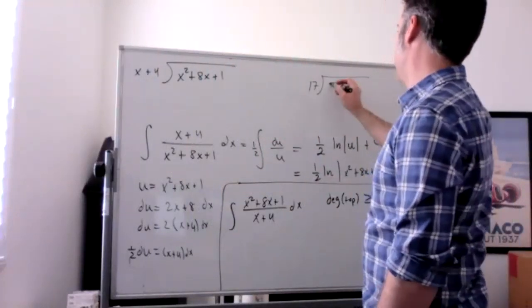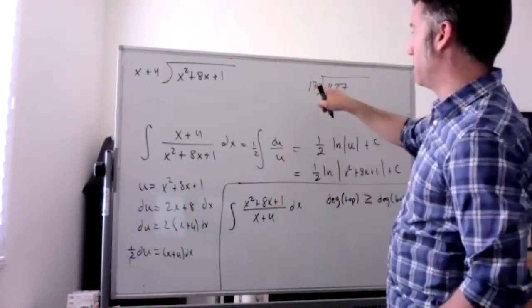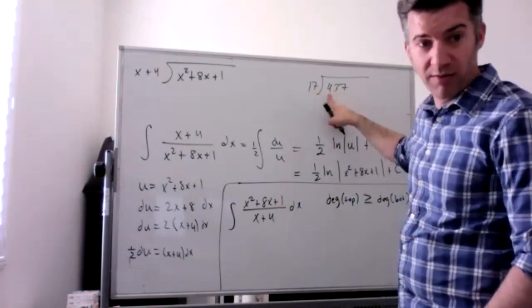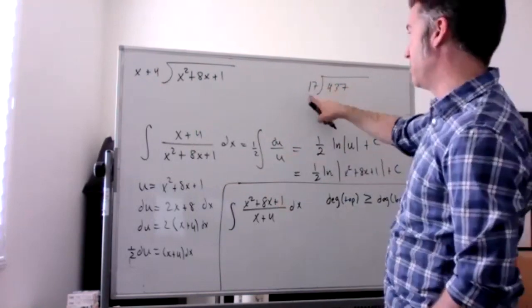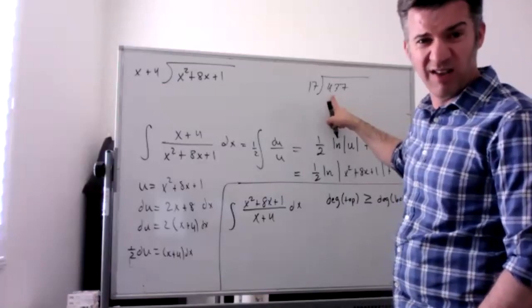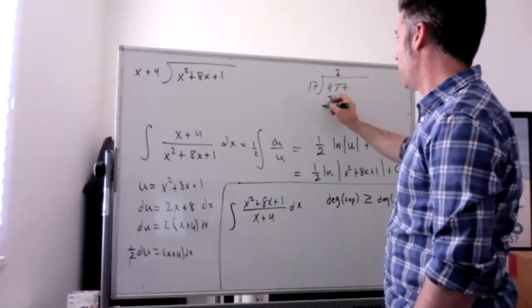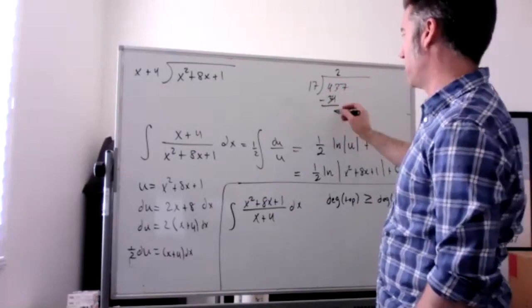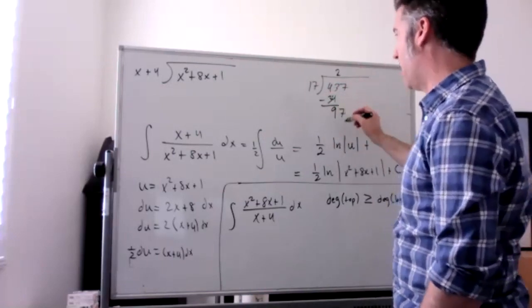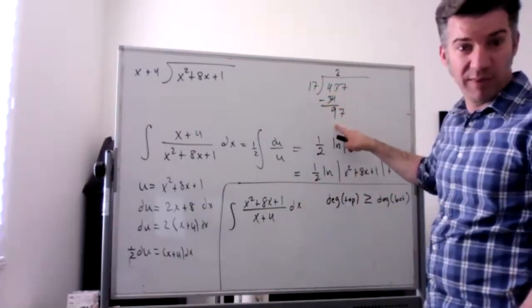17 into 437. You ask yourself, what do you multiply by 17 to get 4? Oh, well, 0, right? You can't get 4 from 17. What do you multiply by 17 to get up to 43? I think 3 is too much, right? 3 times 17 is 51. So 2. 2 times 17 is 34. Then you subtract. 43 minus 34 is 9. You bring down the 7. And then you repeat the process. You say, what do you multiply by 17 to get up to 97, but not bigger than 97?